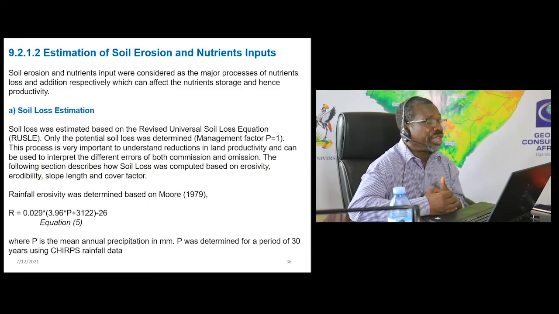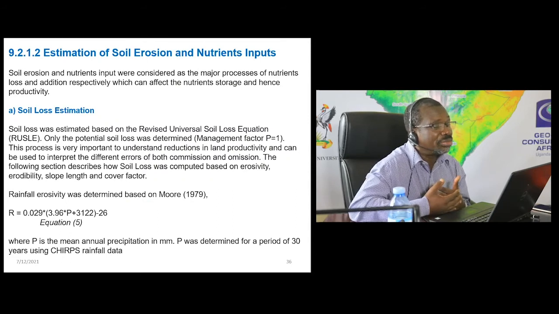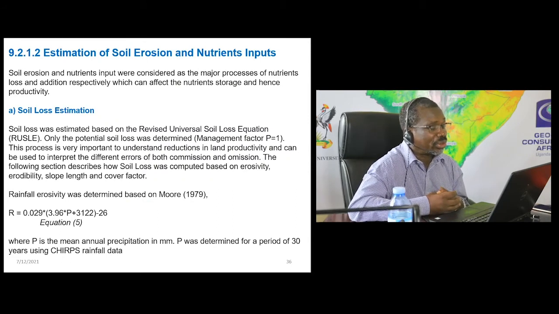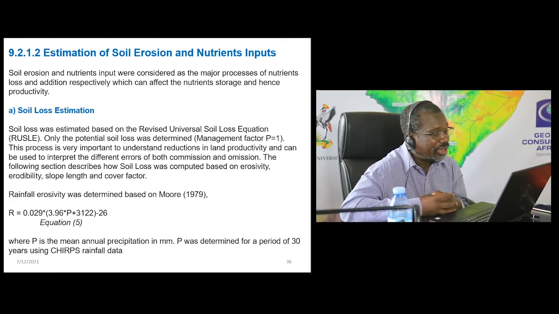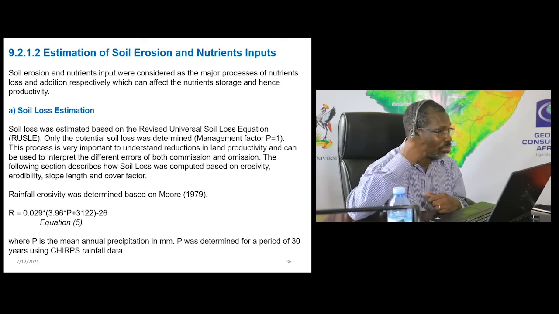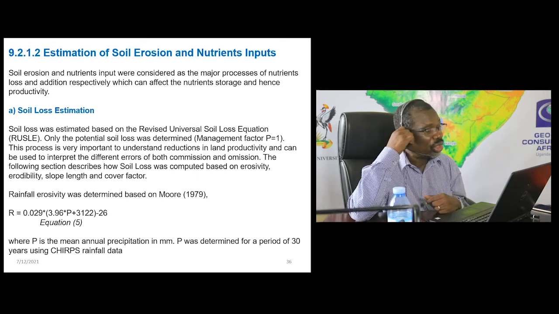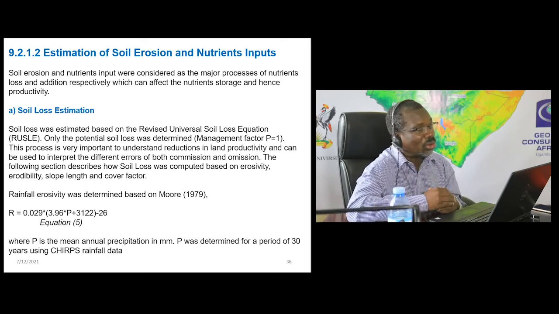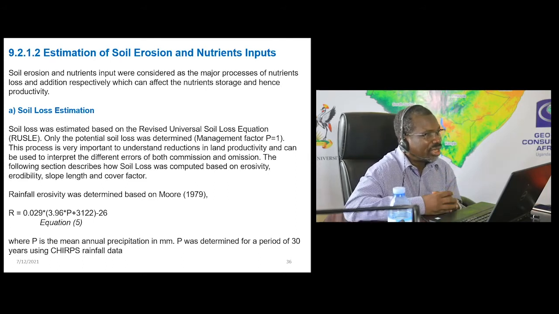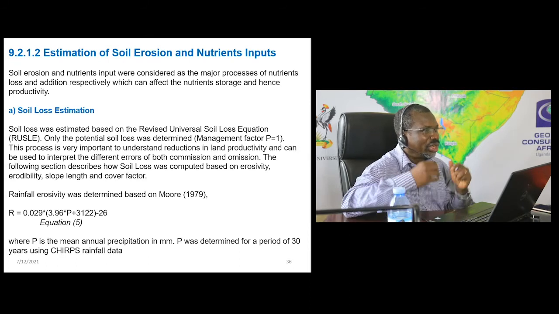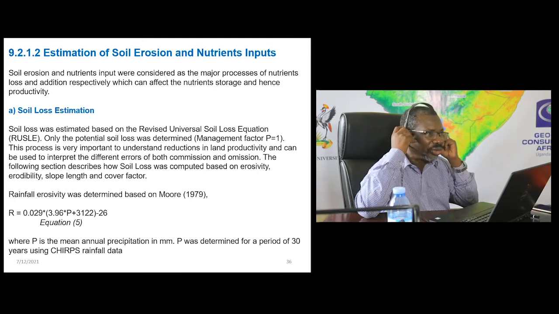So we also, as I said, estimated soil loss. Since this was done for East Africa, we used more equations for erosivity, used different precipitation values, and demonstrated that erosivity could be generated based on rainfall.